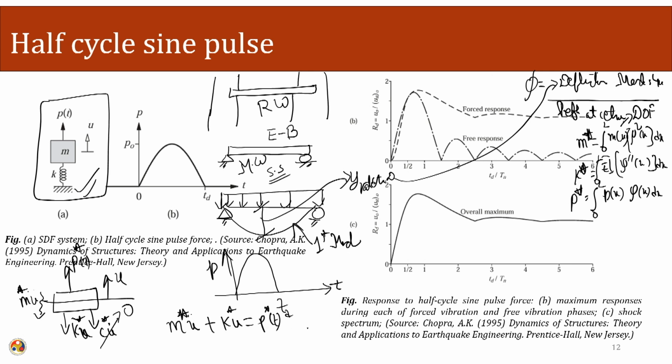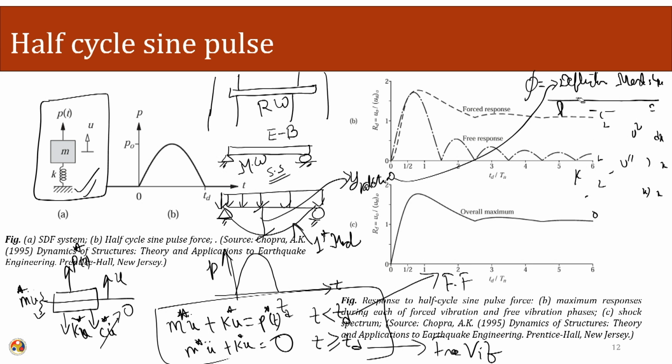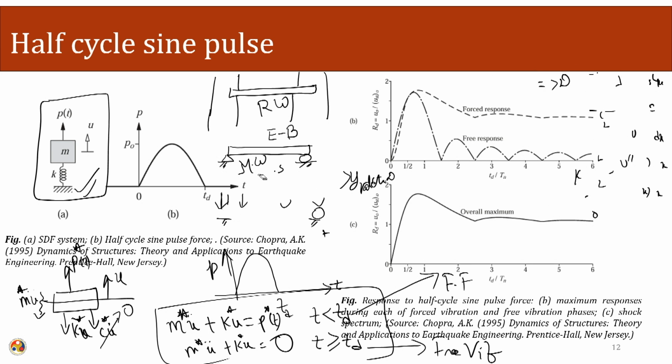This equation of motion will have two parts, one when my loading is being applied, and one when the loading is removed. The first part we can treat as the forced phase and the second as the free vibration phase. After that we calculate the response of the system in the two phases, during the forced phase and during the free vibration phase.